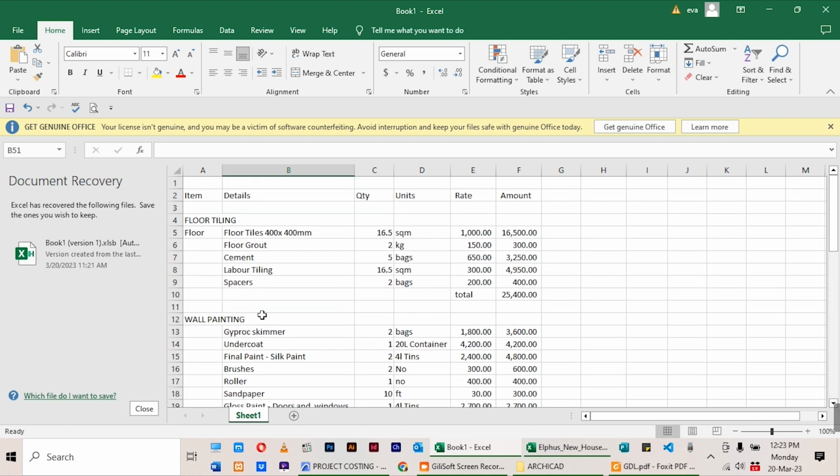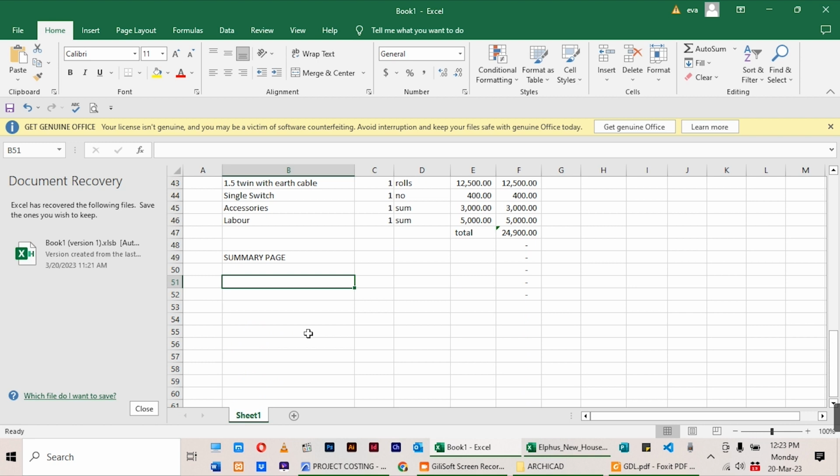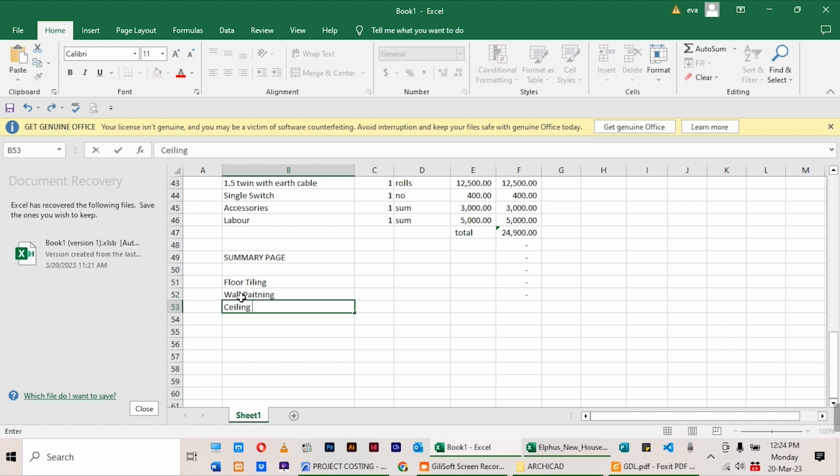We have floor finishes, floor tiling, wall painting, ceiling finishes, and then writing.